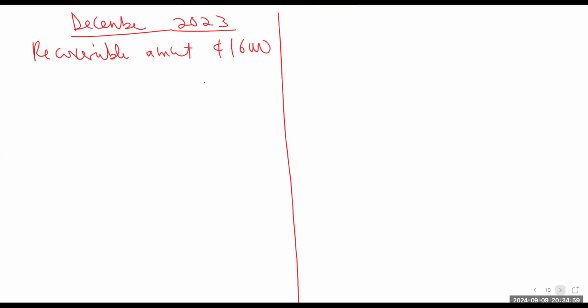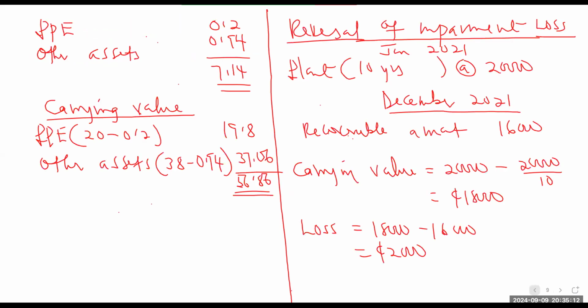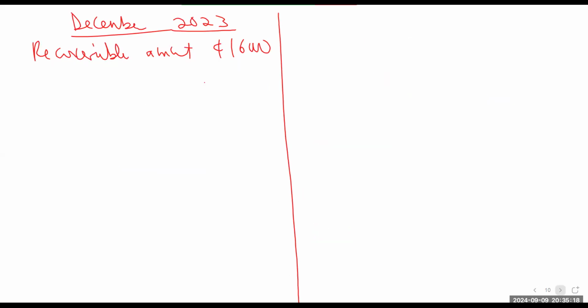So before this information was given to us, we have to depreciate our asset in our books for additional 2 years, isn't it? We are going to be depreciating the asset for 2022 and 2023.